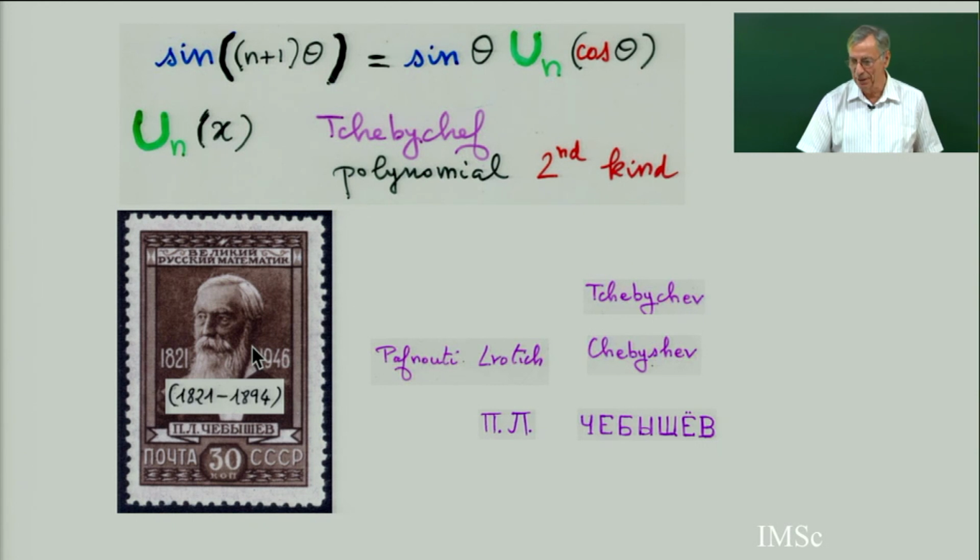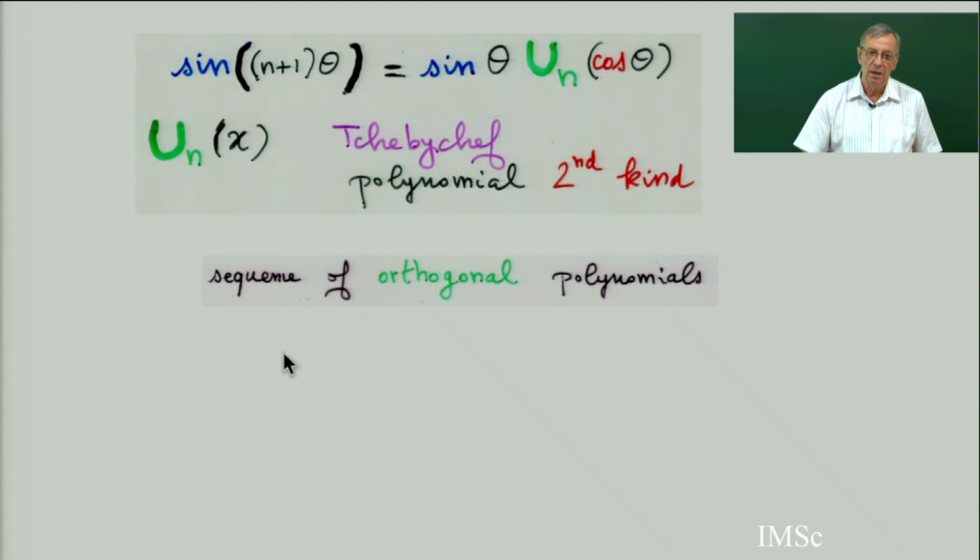And so these polynomials, Chebyshev U_n, are a sequence of polynomials. Each polynomial is of degree n, and in fact they are orthogonal polynomials.